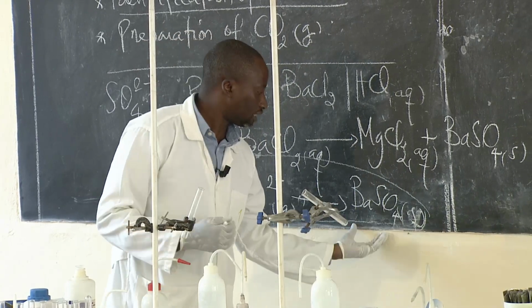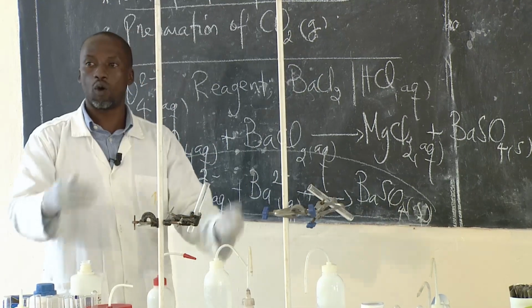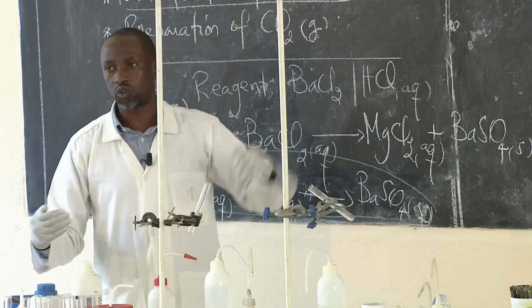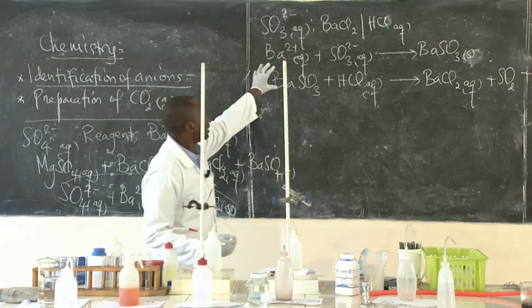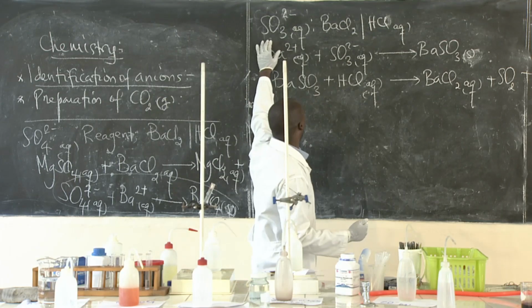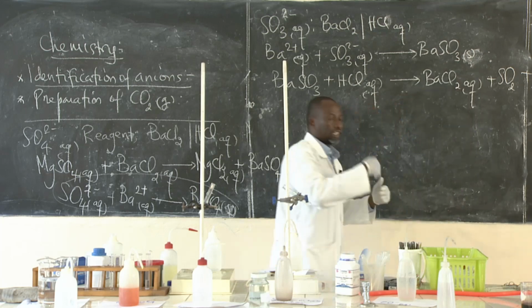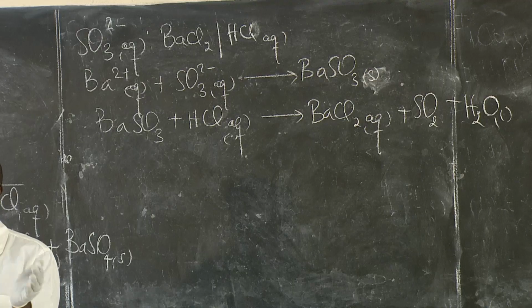So the persistence of the precipitate indicates that the sulfate is formed, because the sulfates do not react with the acids. Now the sulfites, in the second case, where we had the white precipitate, and then when we added excess hydrochloric acid, the precipitate disappeared.